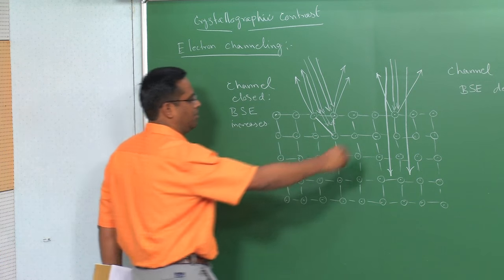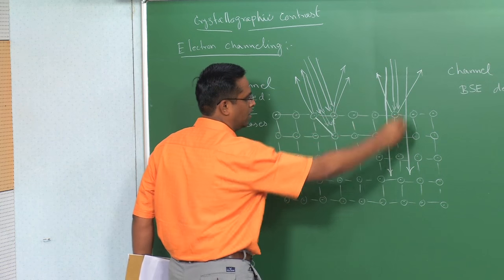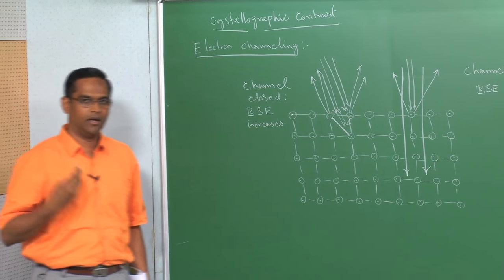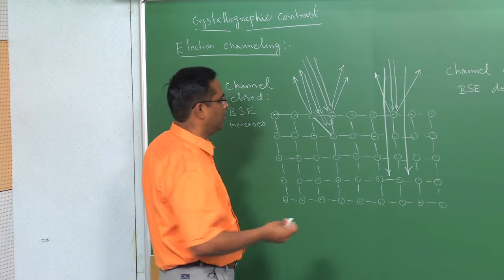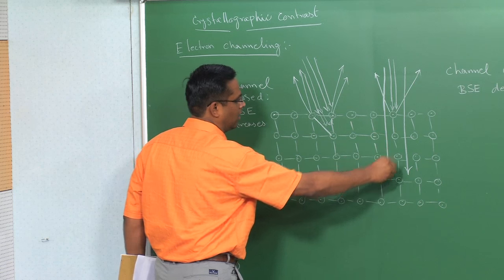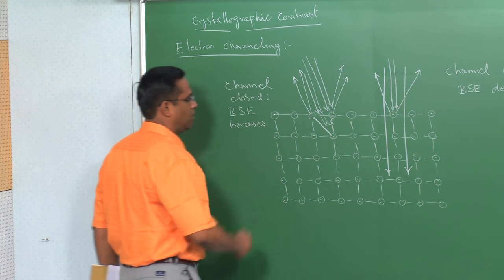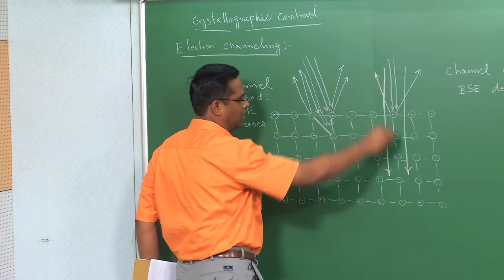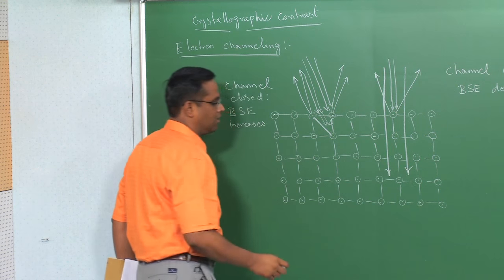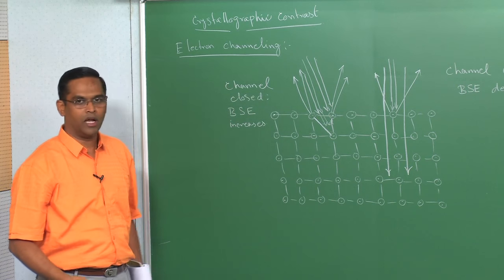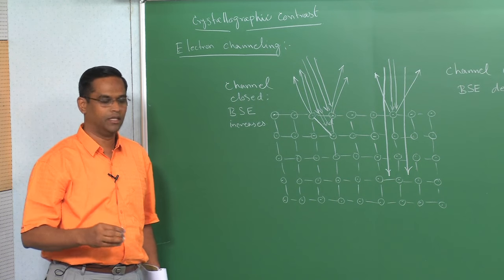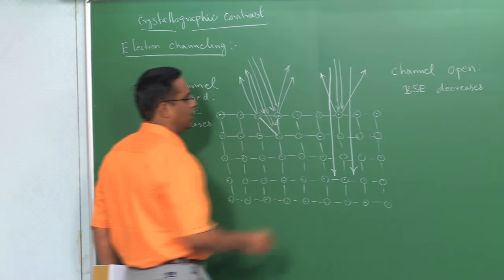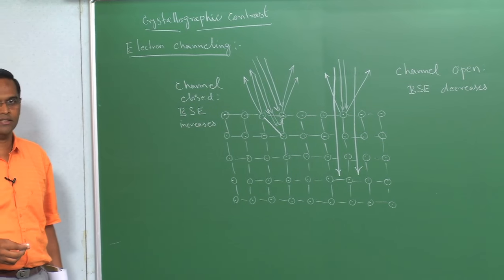Suppose the electron beam is able to pass through this path where you have the least resistance, that means the density of the atomic path is less here as compared to here. Then the electron beam can travel all the way inside the crystal, and the chance of coming back as a BSE after scattering is less.